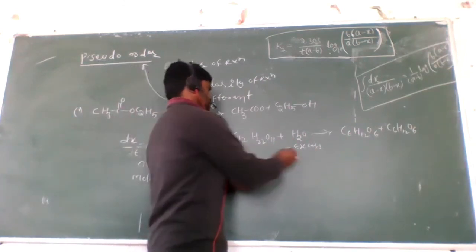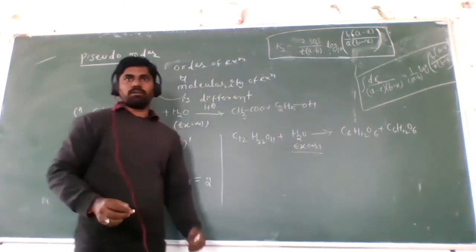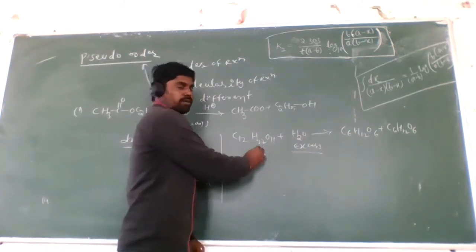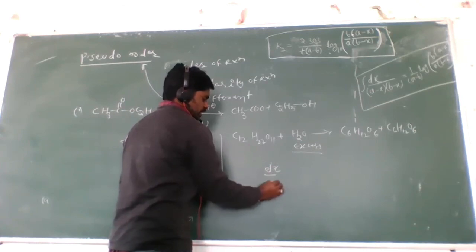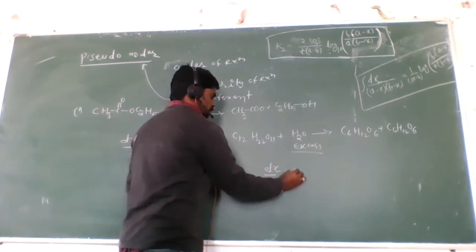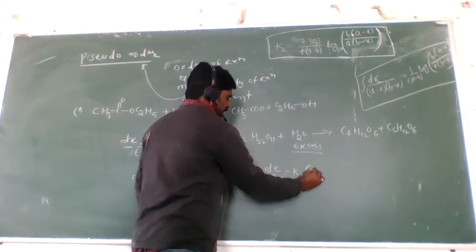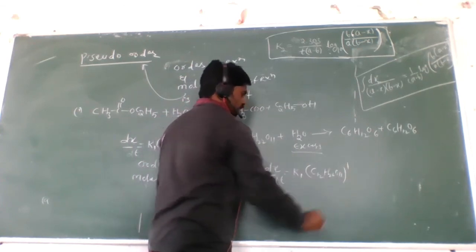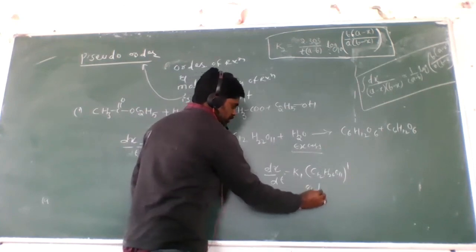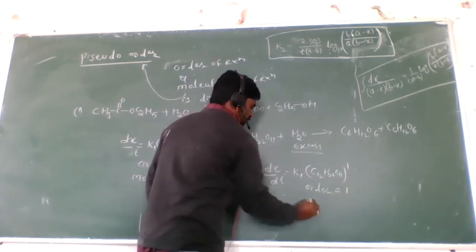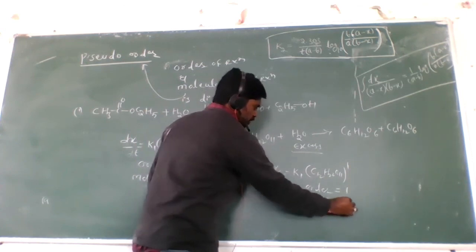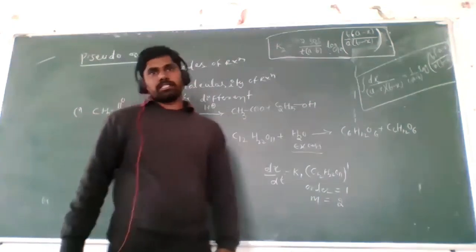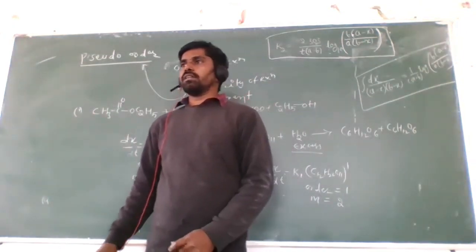So here the excess amount is of the water molecule. The rate of reaction depends only on the one that is less in amount. So dx by dt is equal to k1 times C12 H22 O11 power 1. Order of reaction equals 1. Molecularity equals 2. So this kind of reaction we call the pseudo order reaction and pseudo first order reaction. Do you understand? Okay, right.